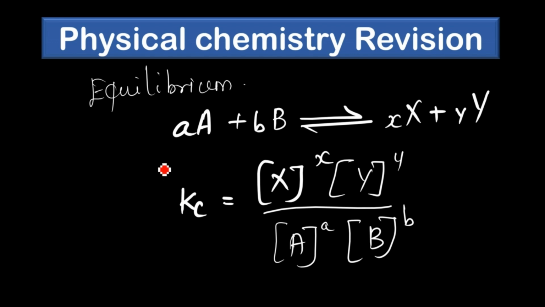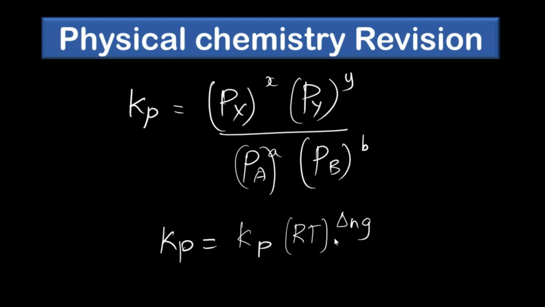The formula which is important is Kc, which is equal to the concentration of product X raised to the power of its molar coefficient, and Y raised to the power y, divided by A raised to the power a, B raised to the power b. That is for Kc, the equilibrium constant, in terms of concentration.